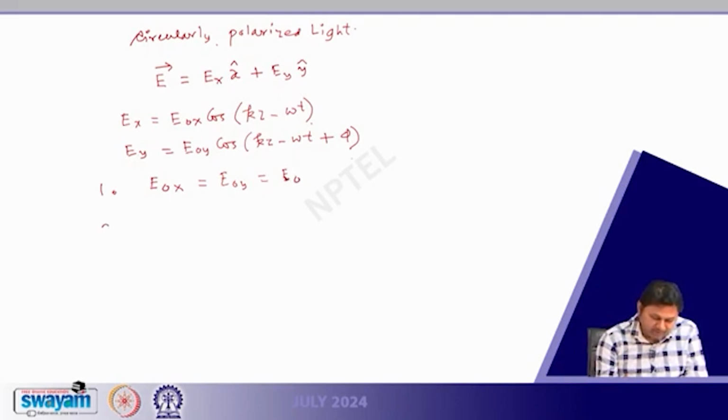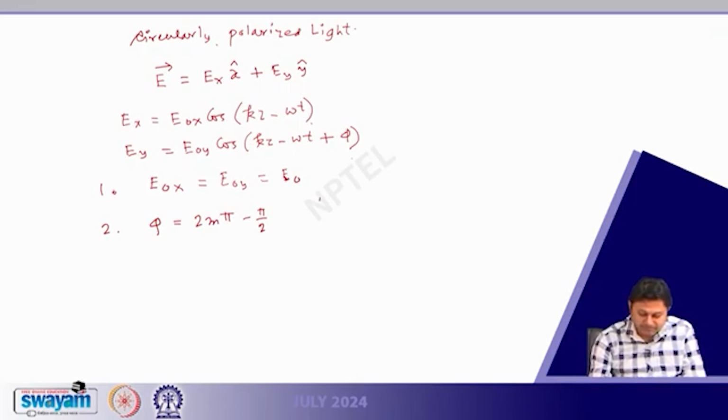And the second condition I put that phi is 2m pi minus pi by 2, where m will be 0, plus minus 1, plus minus 2, etc.